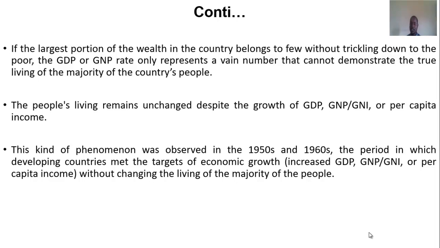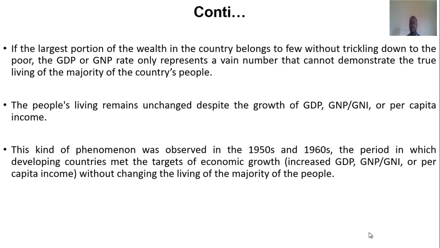The 1950s and 1960s was the period wherein African countries got their independence, and during that time, the governments of independence across African countries were investing with funds from the former colonizers, and with the primary resources from the agricultural sector of the country.